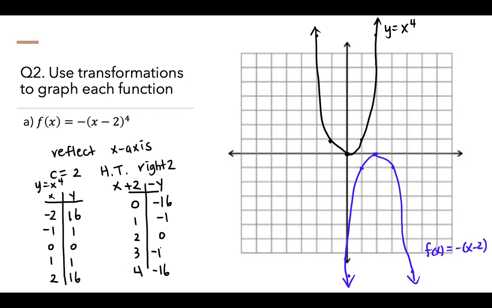Now it makes sense because if I were to flip this one through the reflection through the x-axis, it's going to look like this. Okay, so reflection first always, and then we have to move right 2 steps, which is the blue final graph.